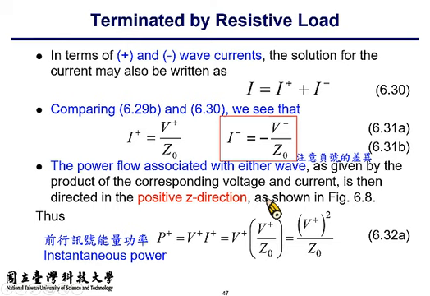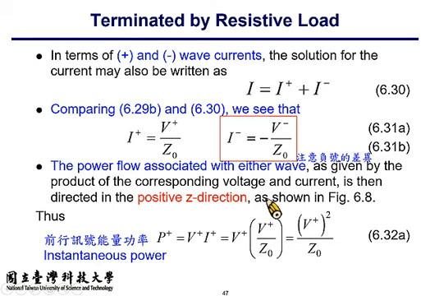Because as long as you have both a positive-going signal and a negative-going signal, when you combine the two, you have a minus sign over here. So the V over I ratio does not equal Z sub 0.